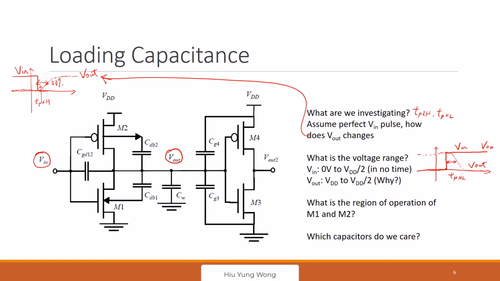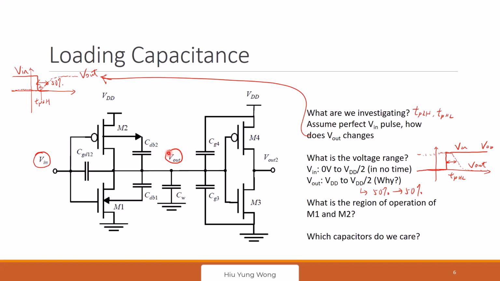So in this scenario, the Vin goes from 0 to VDD divided by 2 in no time. That is our assumption when we do the measurement. Then what happens to the output? It goes from VDD to VDD divided by 2. Why do we choose VDD divided by 2? Again, we talk about 50% to 50%, right? Input changed by 50% and output changed by 50%. So this is the scenario.